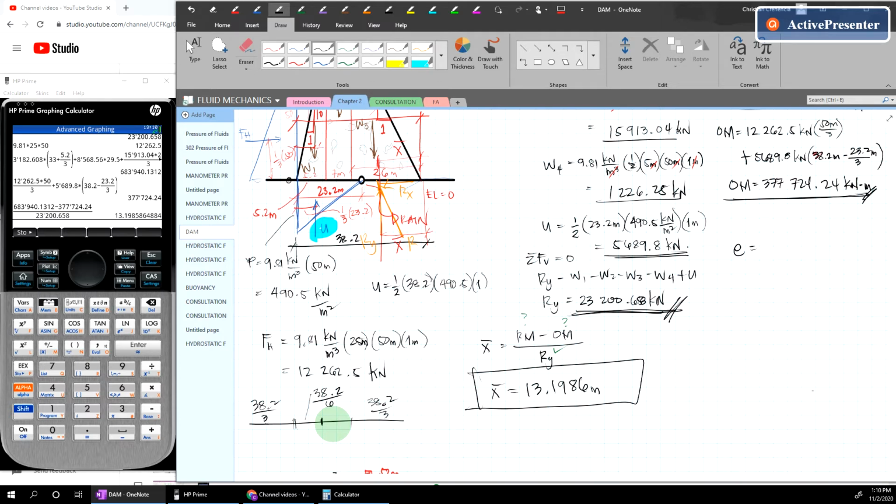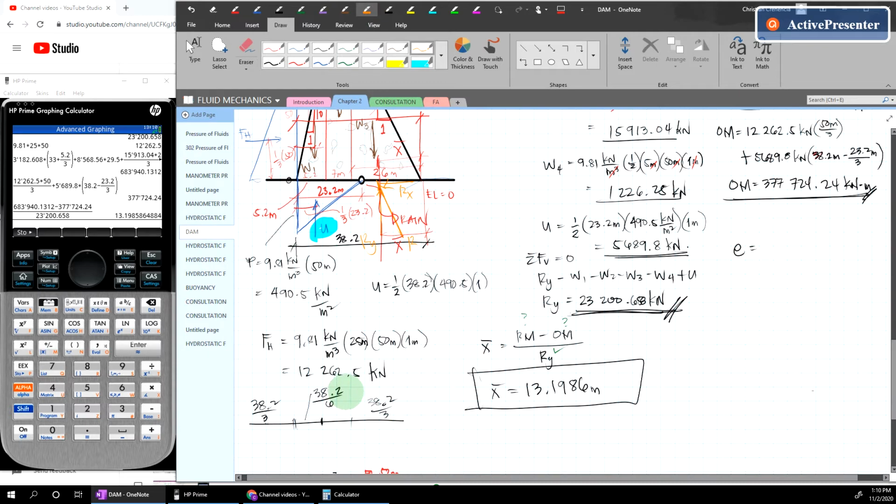Okay? So, if yung eccentricity is less than itong 38.2 over 6, then pasok tayo doon. Ang eccentricity kasi is from, kasi ito yung resultant force, ito yung distance E.